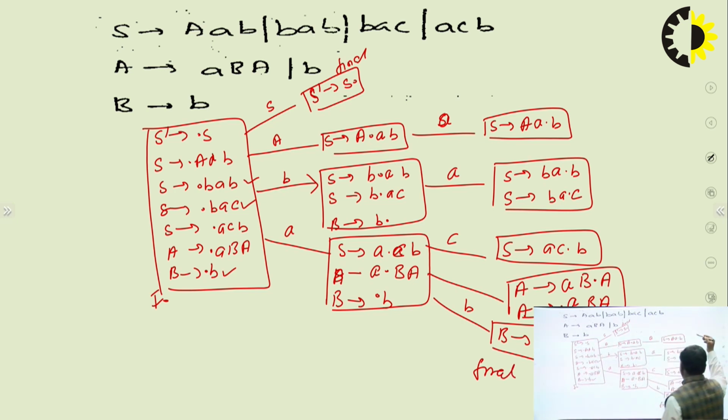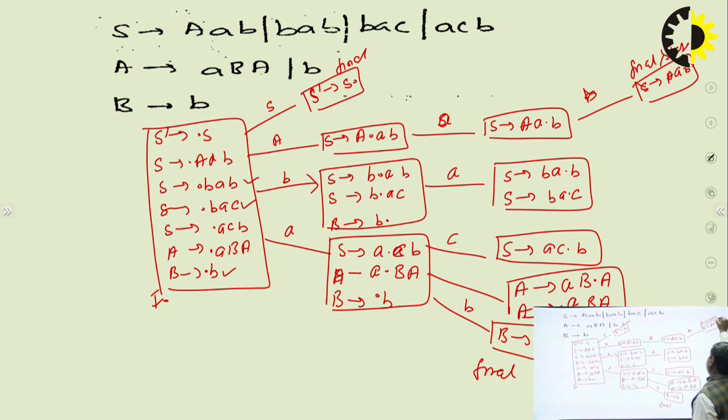Again this is your final state, no problem. That is the B, and S tends to AB dot. This is your final state. Now this is again your final state. Two final states we find out.